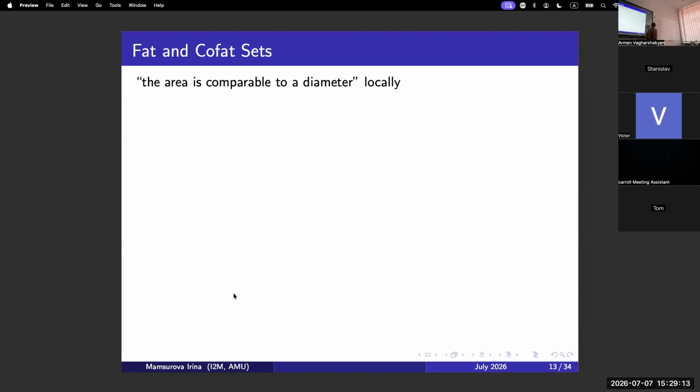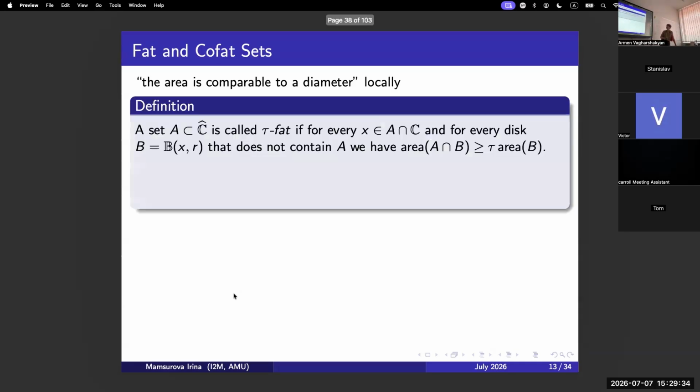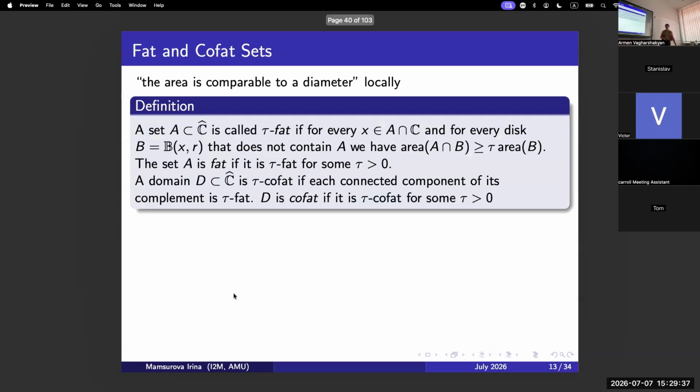Now we can ask ourselves, how can we compare area with diameter? Should it be that diameter is very, very big and area is as small as we want, or could that not happen? For this, we define so-called fat sets. The definition is, I will just draw it on the board.